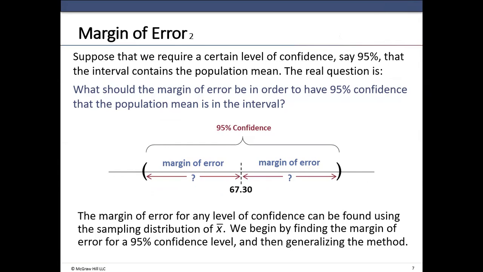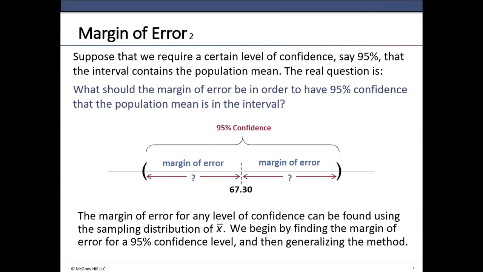The real question is, what should the margin of error be in order to have 95% confidence that the population mean is in the interval? As you see, 67.30, the sample mean, is in the center, and we need to find the margin of error such that we have 95% confidence in the interval.